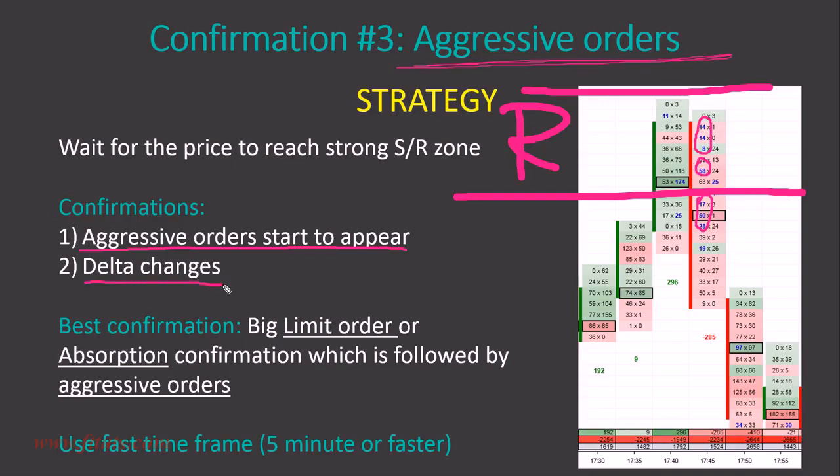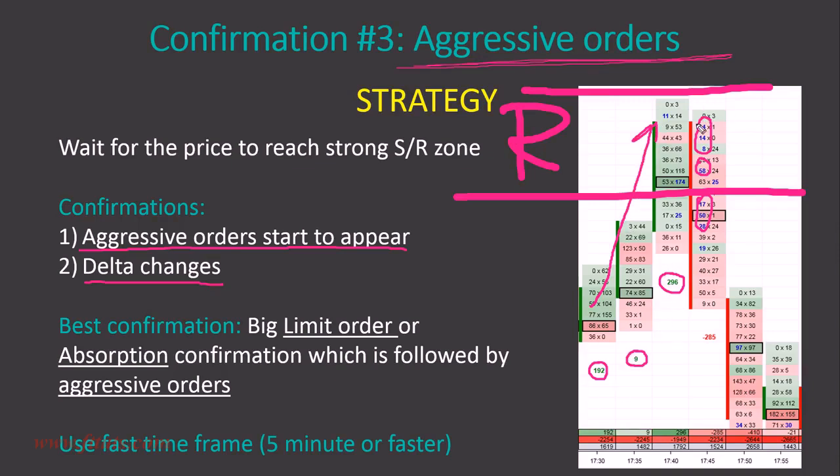Usually what you'll also see is a change in delta. So if you look at those delta numbers before the rejection of higher prices, they are positive. This means buyers were more aggressive than the sellers. It's usually like that when price goes upwards, delta is positive.